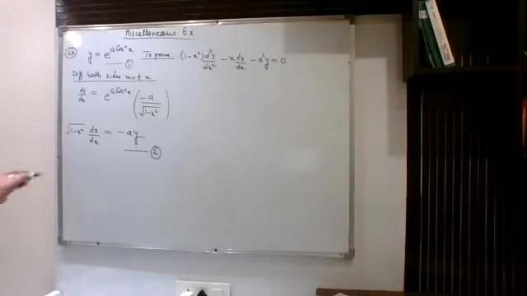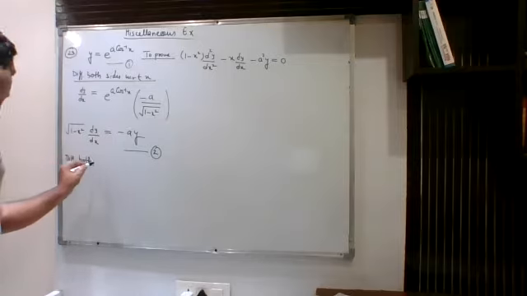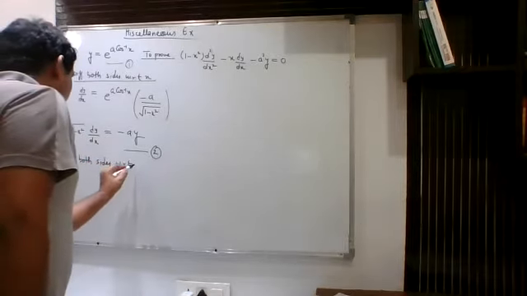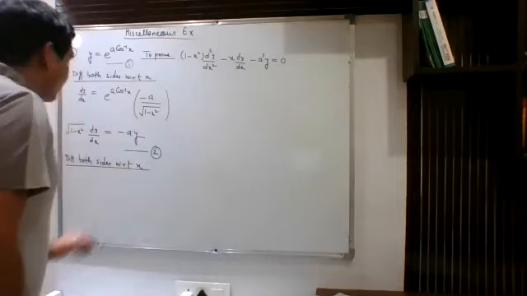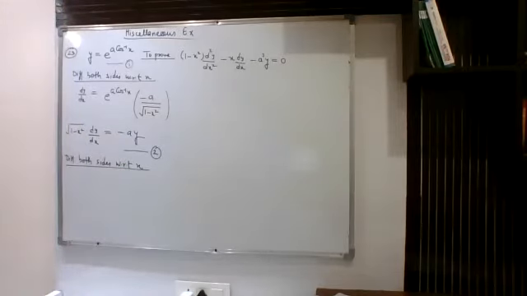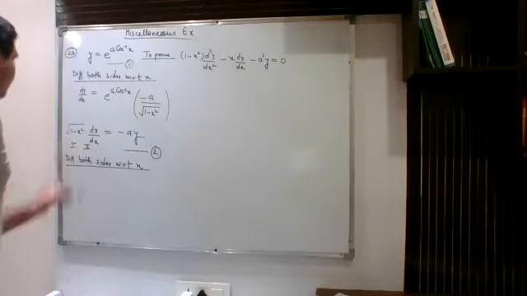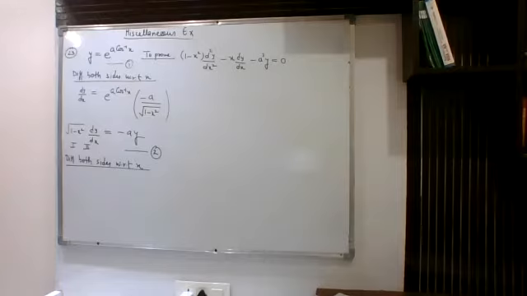Now differentiate both the sides with respect to x. So when you again differentiate both the sides with respect to x, this is the first function, this is the second function. On this side, we need to apply the product rule.